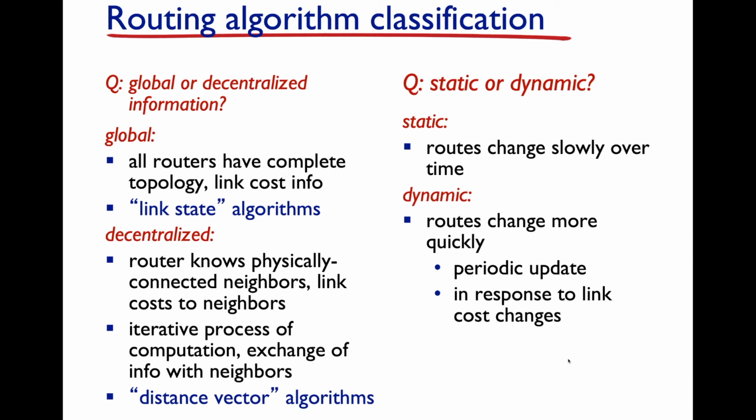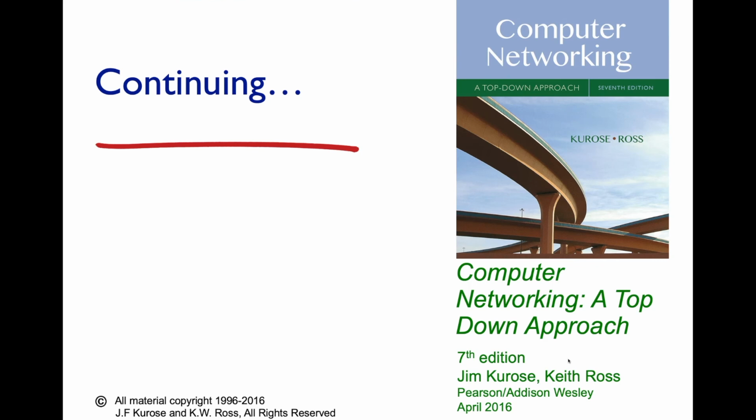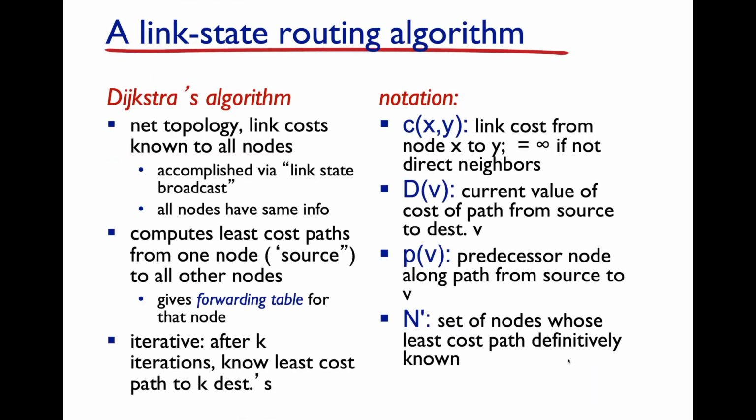So there are going to be periodic updates, and these updates will trigger different route calculations, in response to having the link cost change. So if traffic goes up on a link, all of a sudden some signaling will happen, and the routes will get recalculated. Okay, so let's continue on.